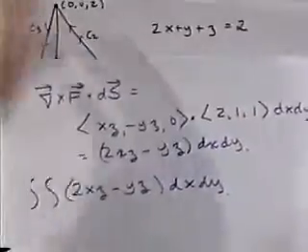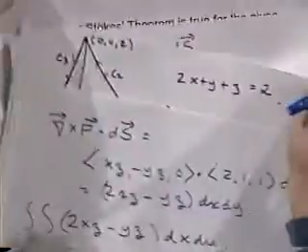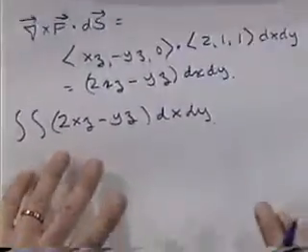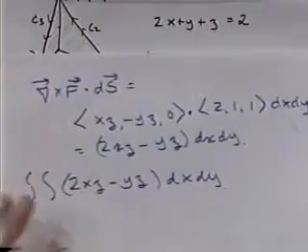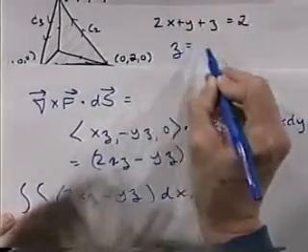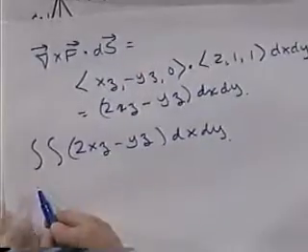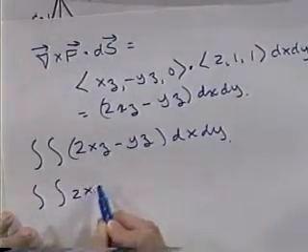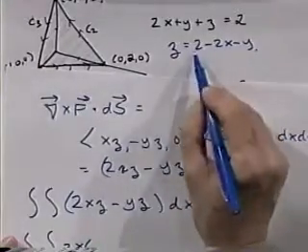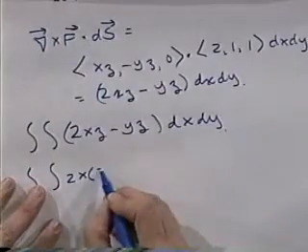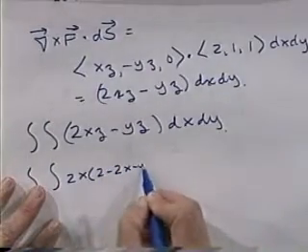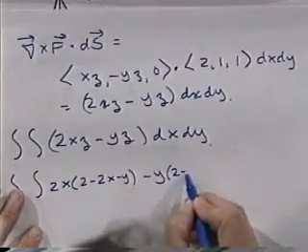To get rid of that, z on the surface is 2 minus 2x minus y. So where I have z, I can replace it with 2 minus 2x minus y.